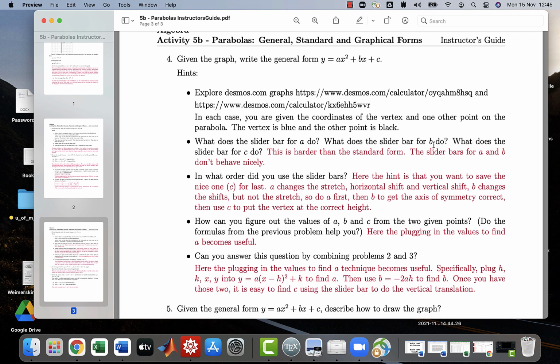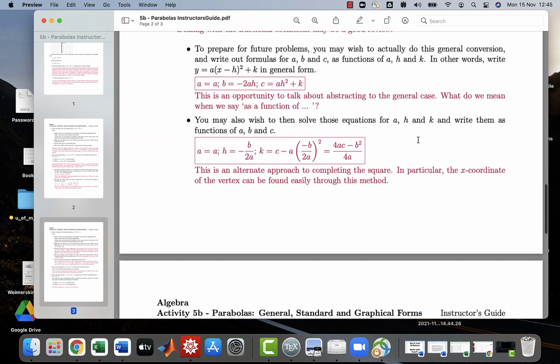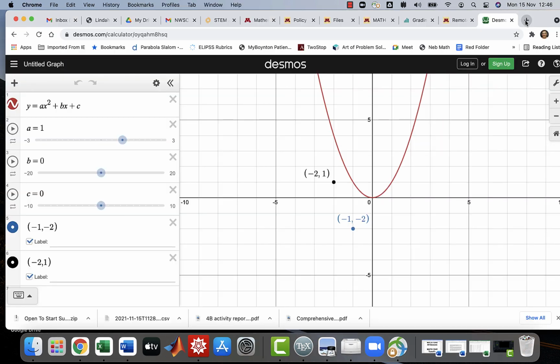So maybe they learn some things about, oh, I know how to find the stretch factor, so I know how to find the A. That again is a visual thing. So here we might already calculate, if my vertex is going at the blue dot and through the black dot, maybe they can already calculate, oh, I'm going left 1 and an unstretched parabola goes left 1 up 1.